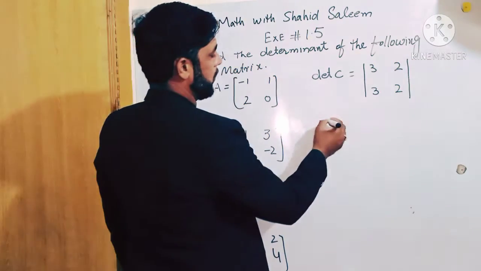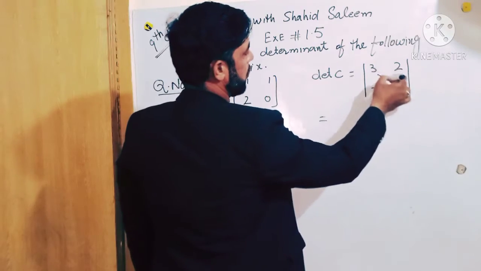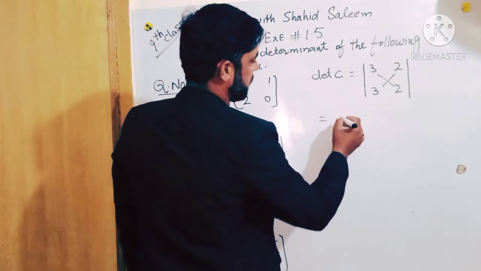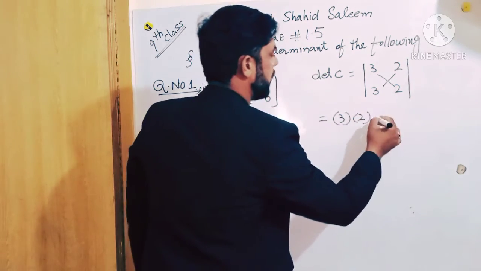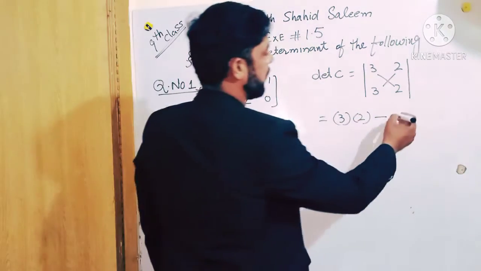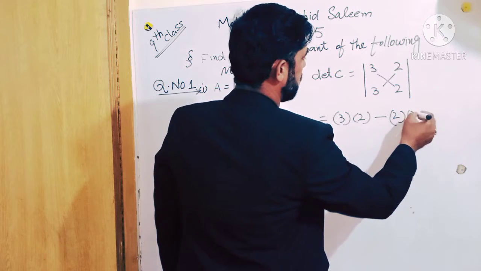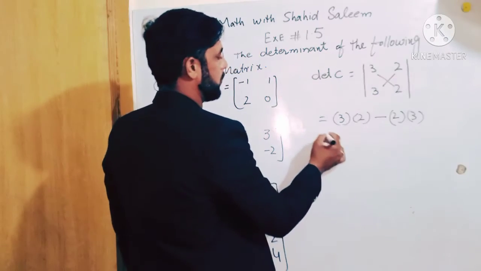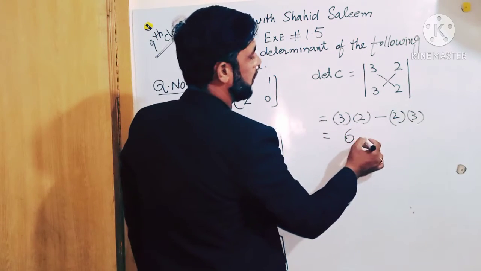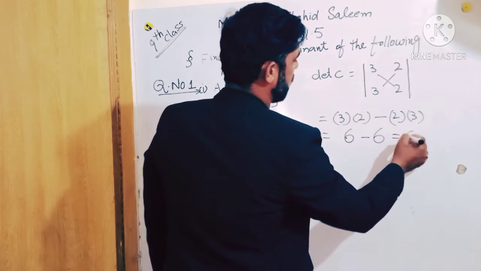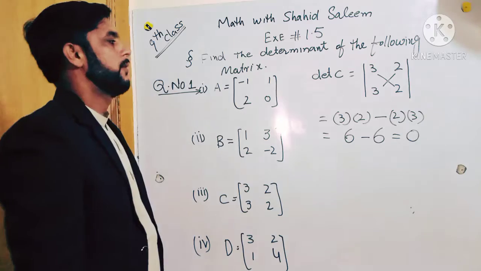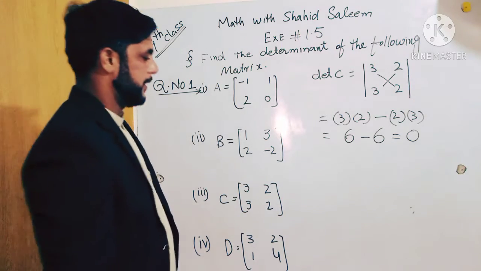So cross multiply these two elements and put the negative sign: 3 into 2 minus 2 into 3, equal to 3 2s are 6 and 2 3s are also 6, equal to 0. 0 is the determinant of matrix C.